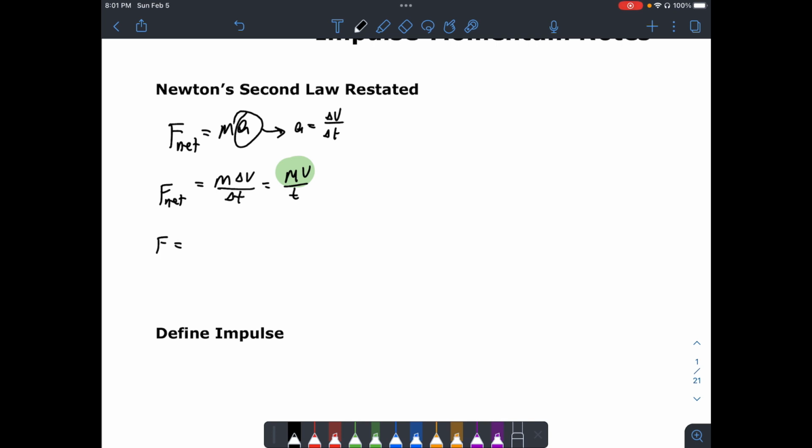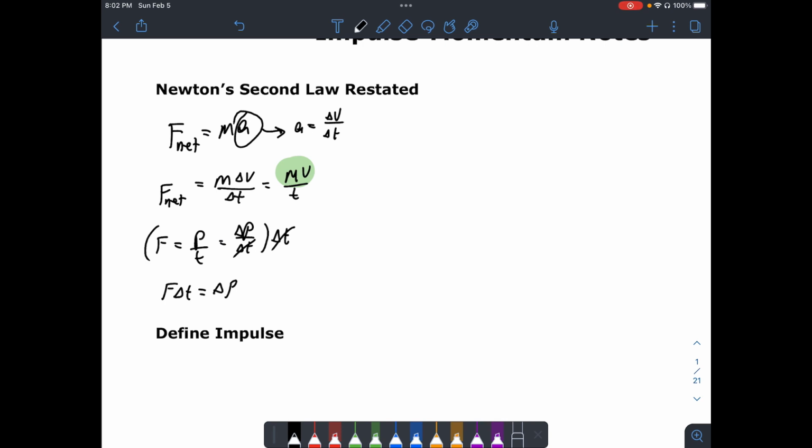But we're going to have F equals P over T, or delta P over delta T. And I'm just going to multiply over my delta T. So our delta T's cancel, and we're left with our force times our change in time is equal to our change in momentum.